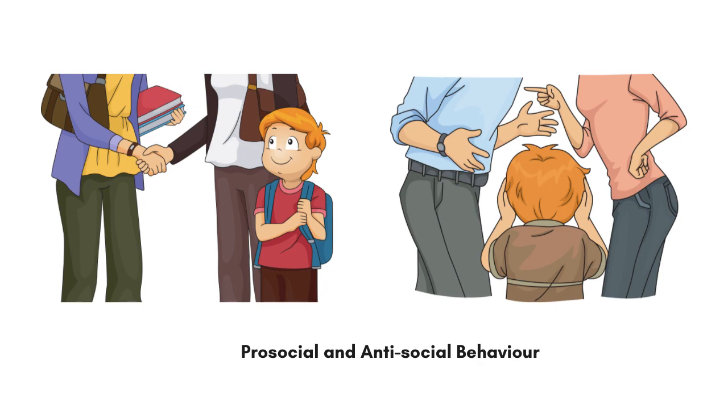If, on the other hand, we are exposed to a toxic environment with maybe parents who aggress against one another, a neighborhood that has a lot of violence, or a school that enables bullying and conflict, we are likely to be exposed to models who showcase these negative and antisocial behaviors.